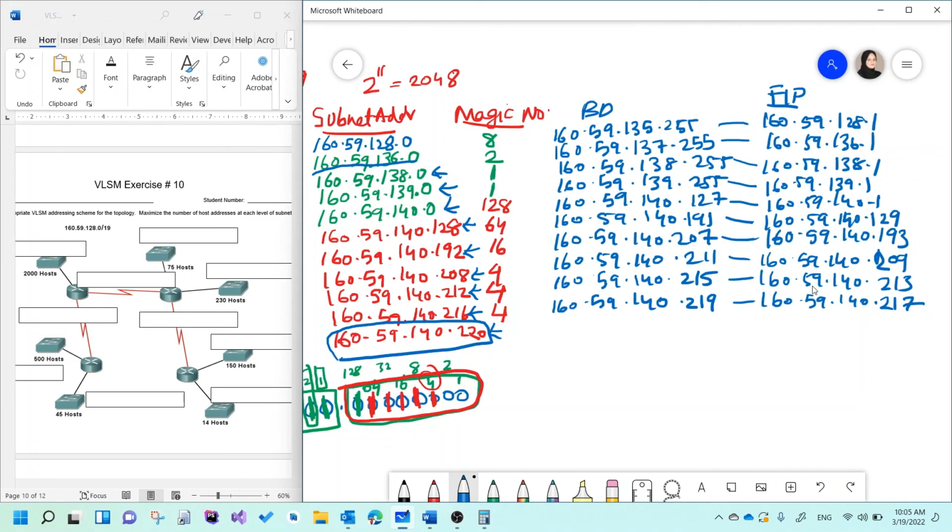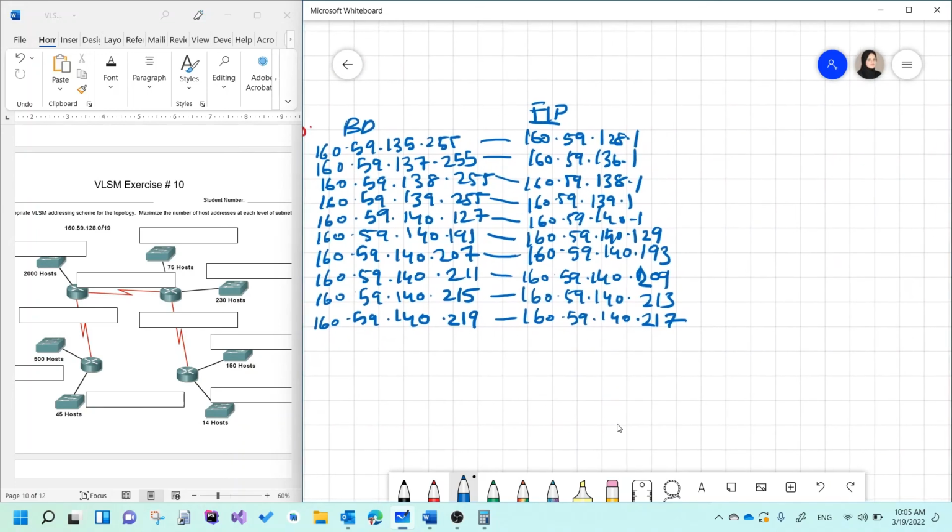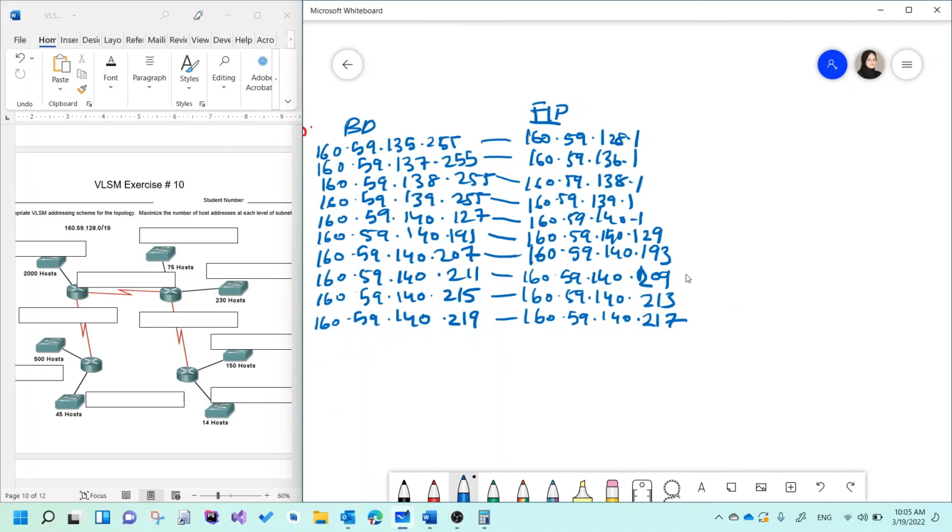And the last IP is nothing but one IP less than the broadcast. So let me change the color. The last IP is nothing but one less than the broadcast.